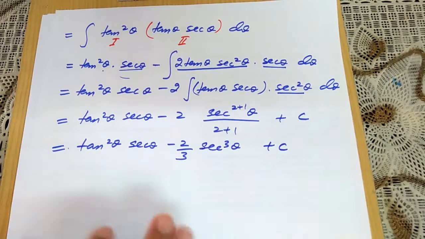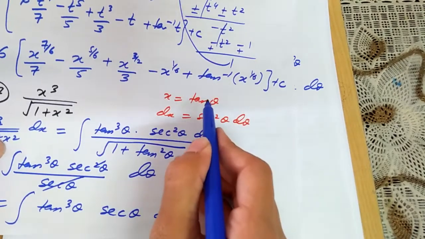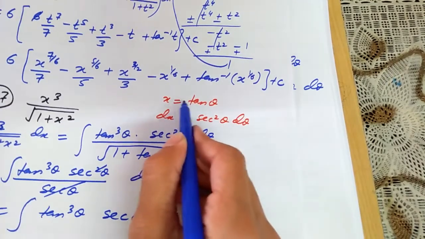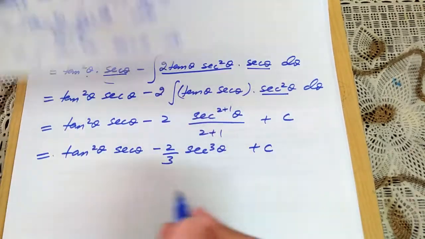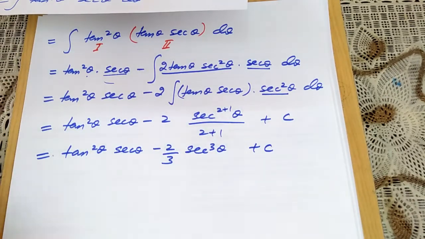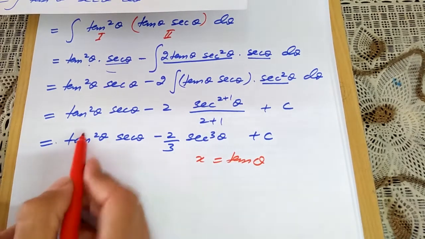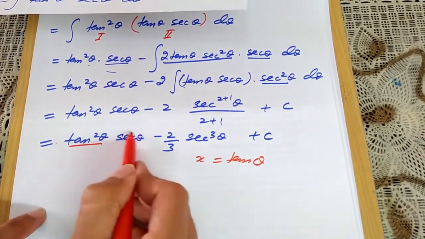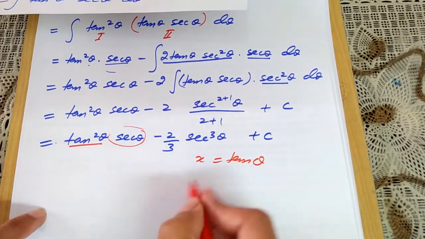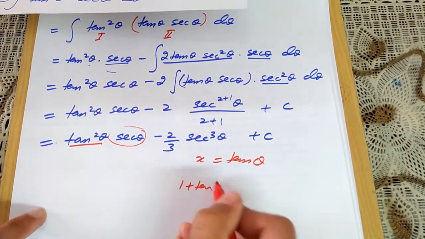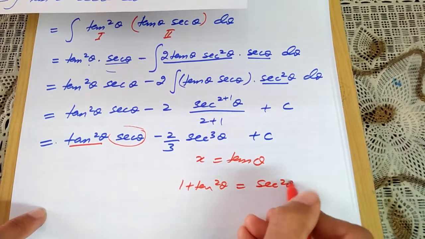plus c. Now I need the value of theta here. What is my theta here? My theta is tangent inverse of x, what I let in the start: x is equal to tangent of theta. So from here I can get the value of tangent square of theta, but I don't have the value of secant theta. You know that 1 plus tangent square of theta is equal to secant square of theta.